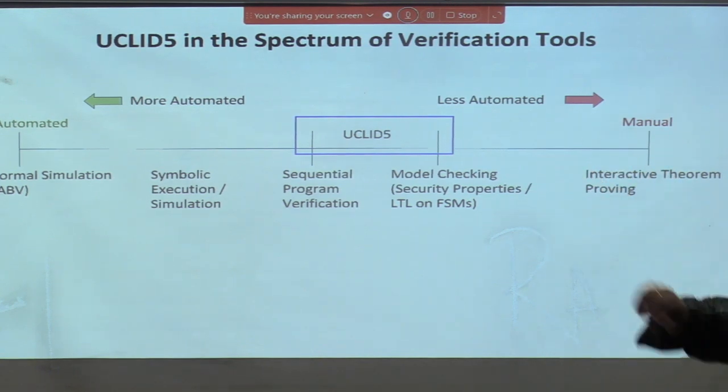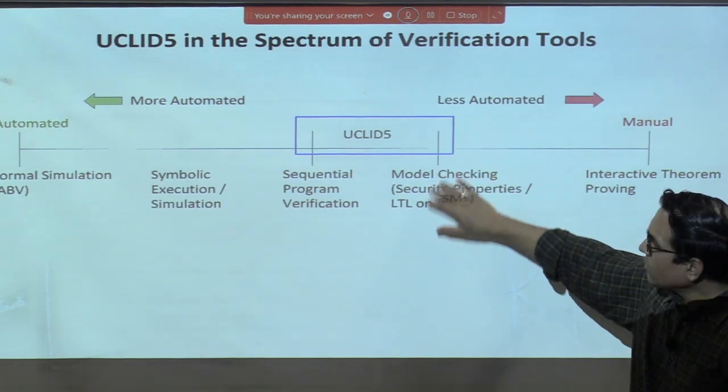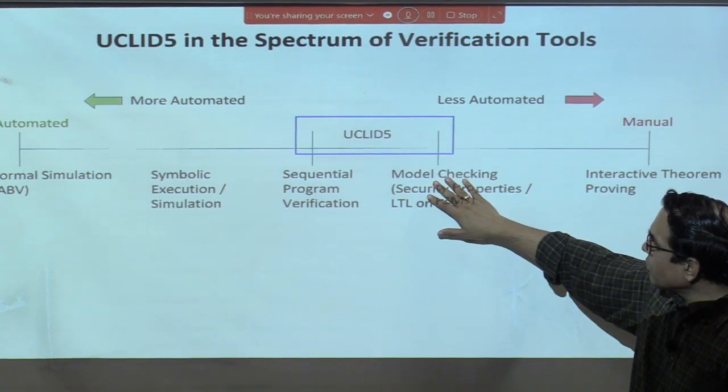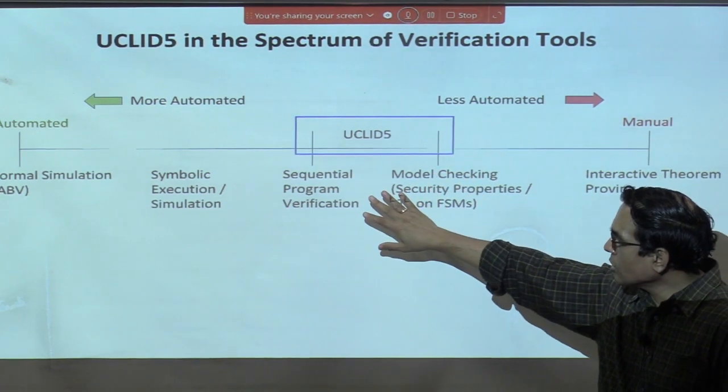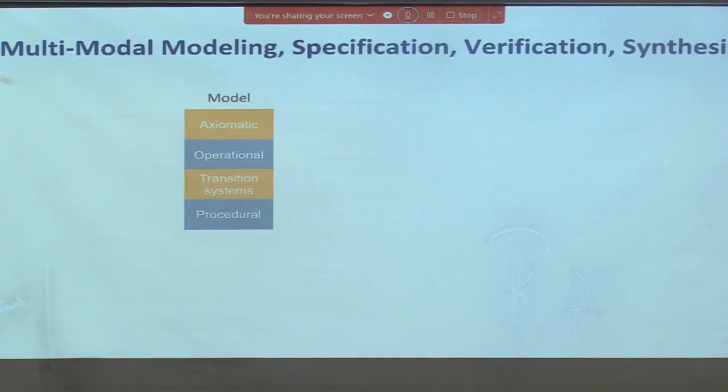On the other end are very highly automated verification techniques that are based on simulation or testing. And so UCLID5 is very much in the middle, right? It incorporates ideas from symbolic model checking, and it also incorporates ideas from Floyd-Hoare style program verification in one system. Okay, and so what do I mean by multi-modal modeling, specification, and verification and synthesis?